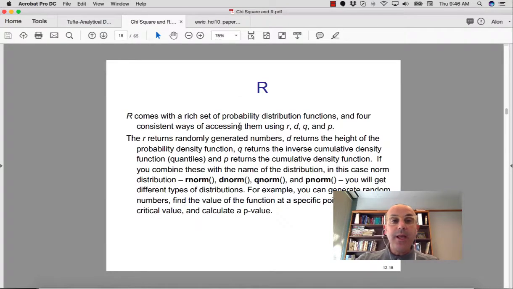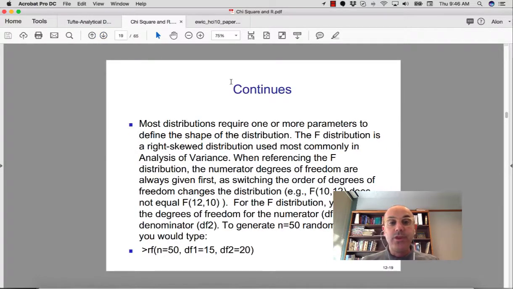So again, when we are talking about functions in R, we are talking about rnorm, dnorm, qnorm, and pnorm. And I hope by now that you are all familiar with that and comfortable with doing so. With regard to the F distribution, we learned how to apply and calculate that, and for the distribution you need the degrees of freedom, DF1 and DF2, to generate a random sample of 50.